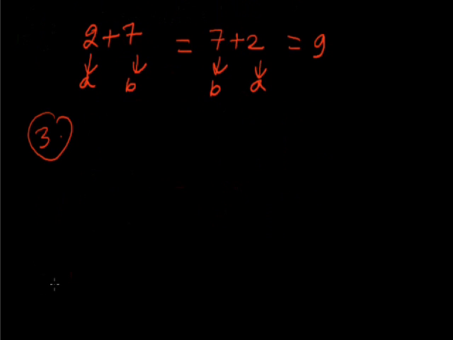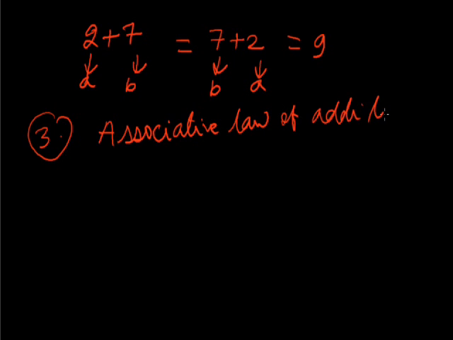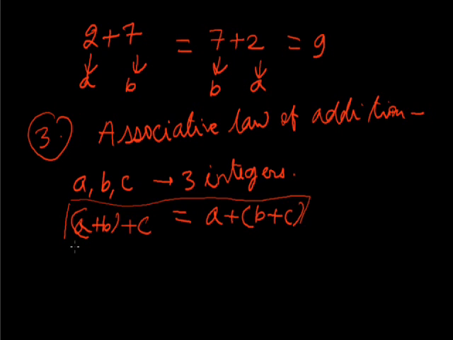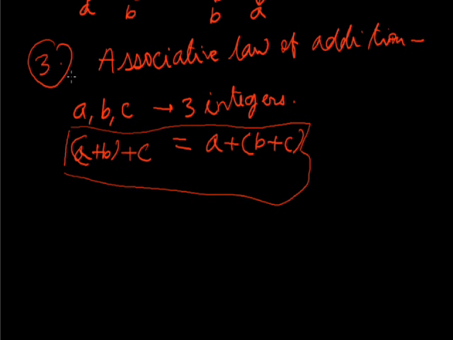Now the third property is associative law of addition. According to this law, if a, b and c are three integers, then (a plus b) plus c is equal to a plus (b plus c).